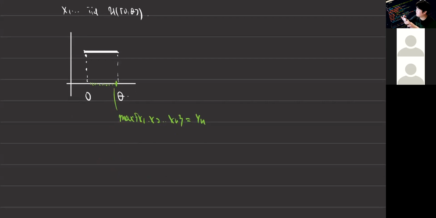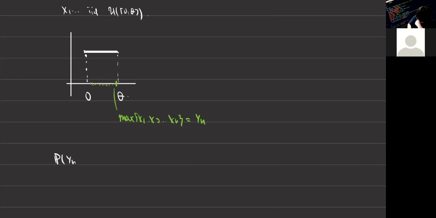The problem tells you to show the CDF is whatever that is, the F_Yn(y). So now you want to set up the probability that Yn is less than or equal to y. This is the definition of the CDF.